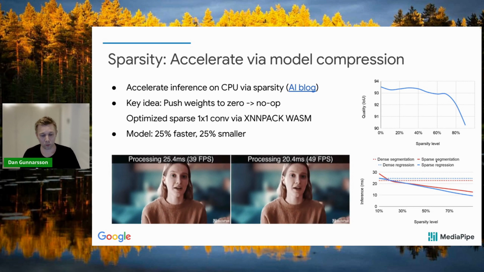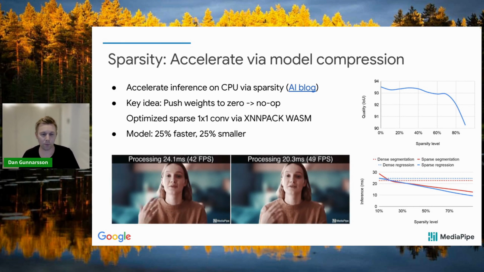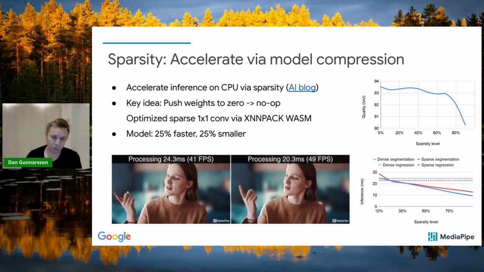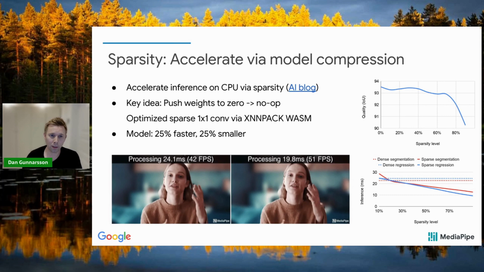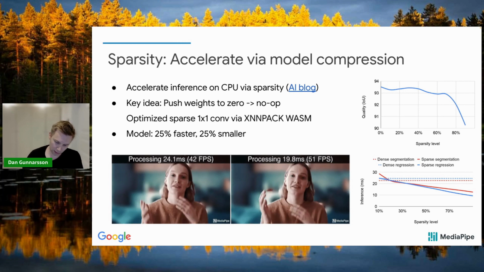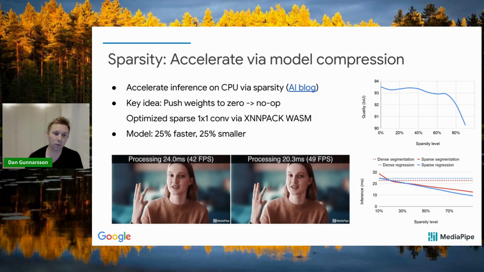When it comes to accelerating and improving, one major optimization that we landed sometime after launching background blur and background replace as a feature is sparsity. Pretty much the idea there is to set a lot of weights to 0 and make the model smaller.